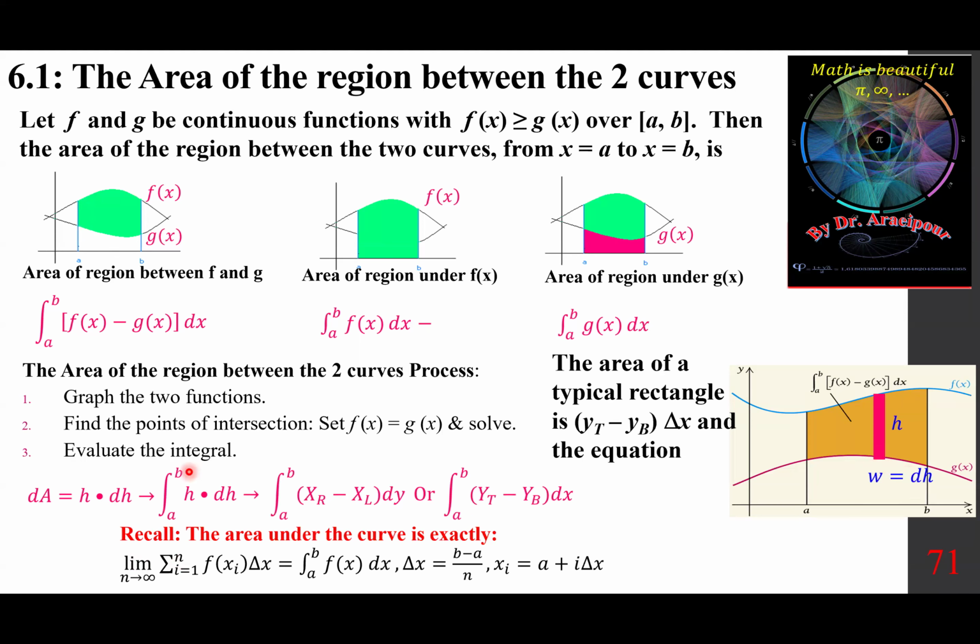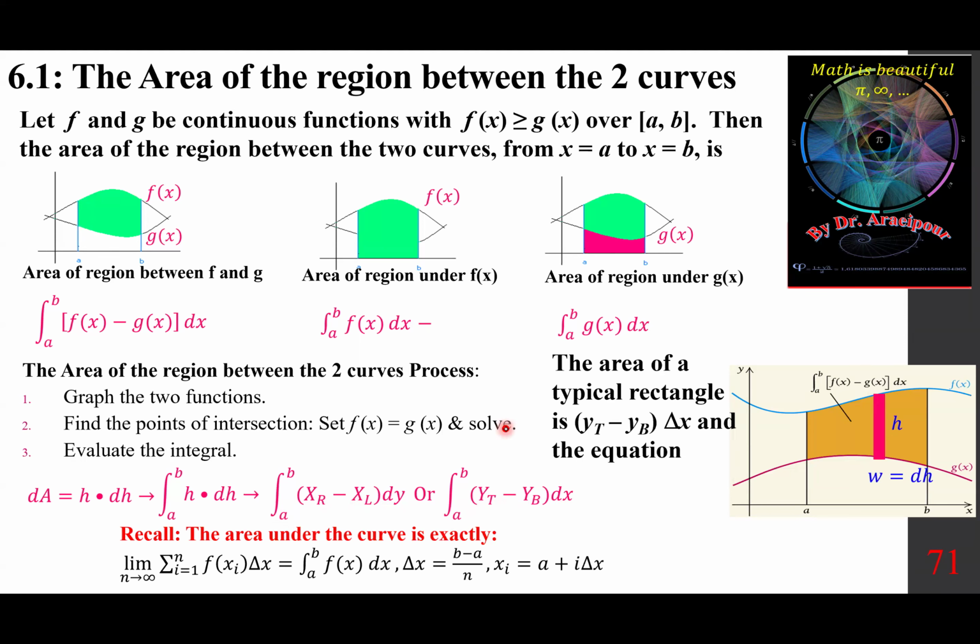So the integral from a to b of h dh. If the typical rectangle goes from left to right, it's x of the right minus x of the left, dy, from a to b. If it's like this, it's y of the top minus y of the bottom, dx, the integral from a to b. That's the idea.